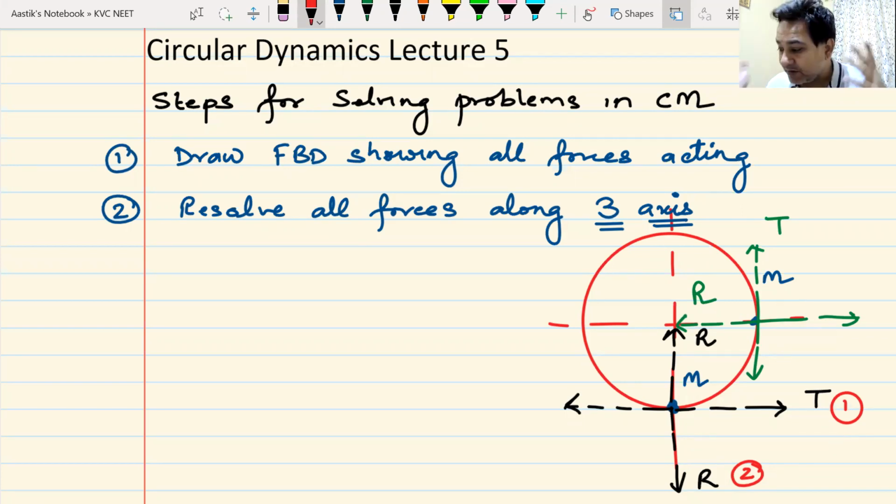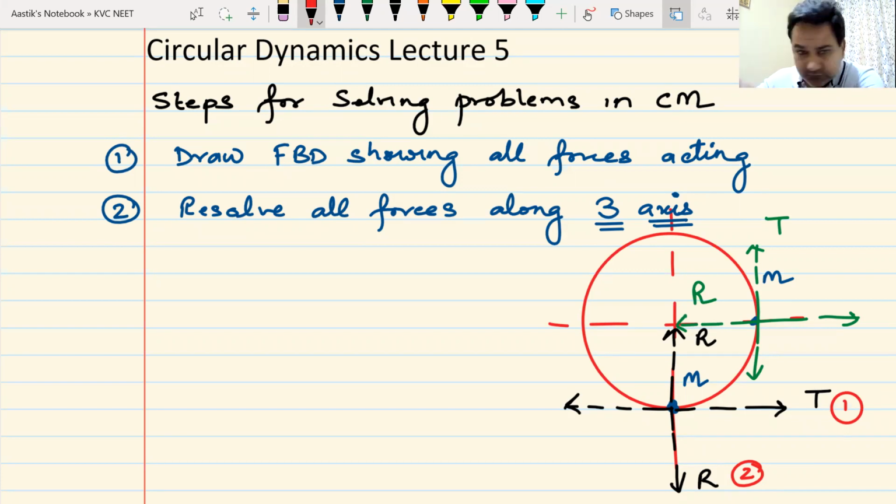Let your brain work. I can give you the answer in a second, but I want you to answer. Perpendicular to what? Think.